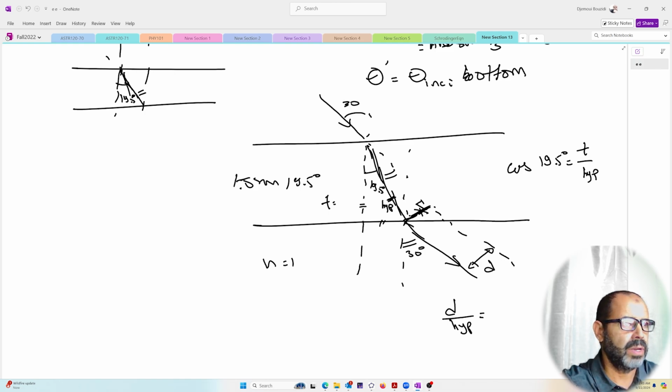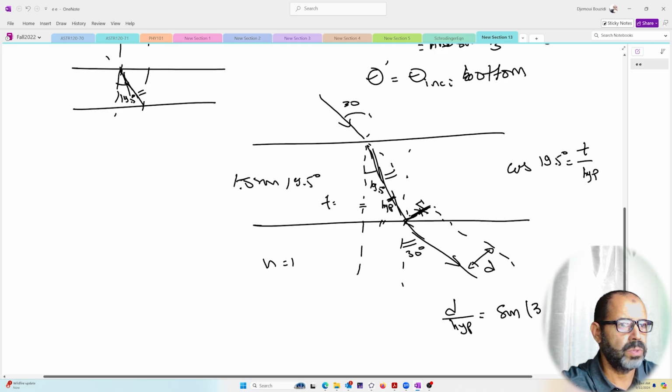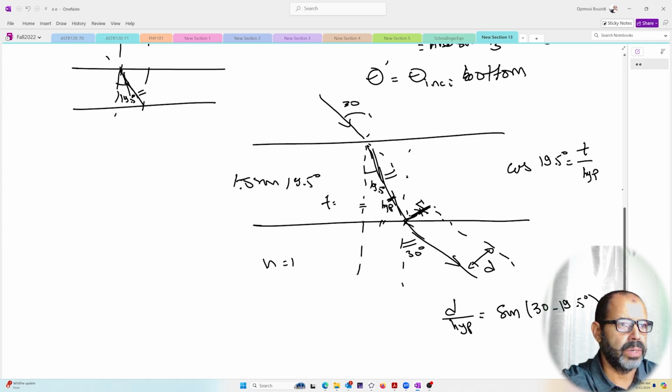So D divided by the hypotenuse is equal to the sine of the difference between 30 and 19.5 degrees. So all I have to do now, honestly, I really don't need to calculate the hypotenuse. So I'm going to do D over this ratio over that ratio.